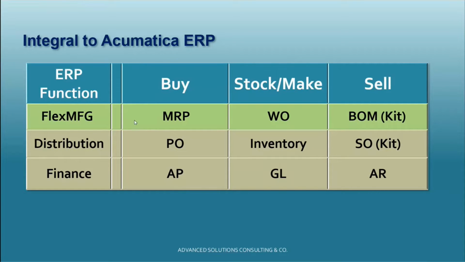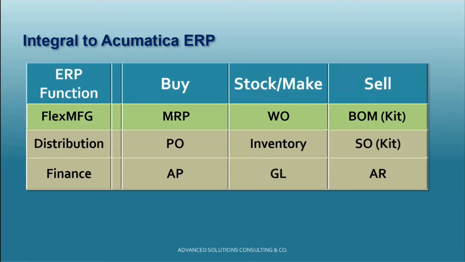Our FlexMFG provides for the MRP, the work order system, and the bill of material system that complements Acumatica's distribution and finance modules. The way we do that is we take the core kitting functionality of Acumatica, and we add literally thousands of lines of code and supercharge it, or put it on steroids, whatever acronym you want to use, to allow you to have versioned bills of materials that correlate to work orders so that I can run MRP.